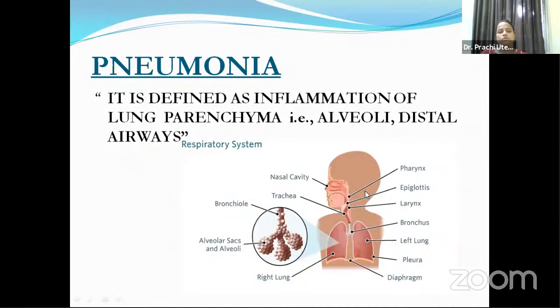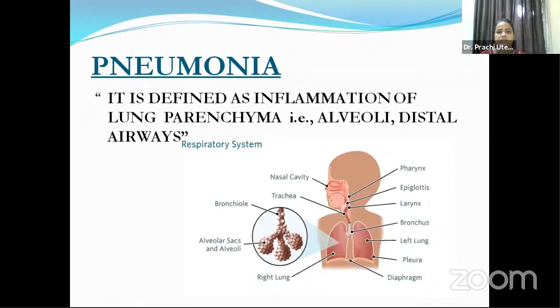So what is pneumonia? Pneumonia is defined as an inflammation of the lung parenchyma, that is the alveoli and the distal airways. Since children have very small airways, the incidence of respiratory infections is very commonly seen.